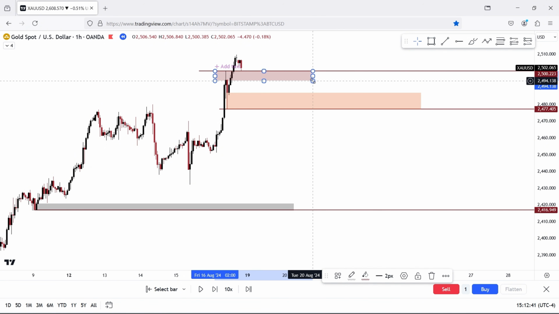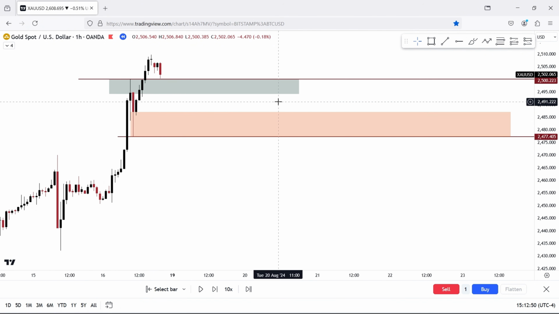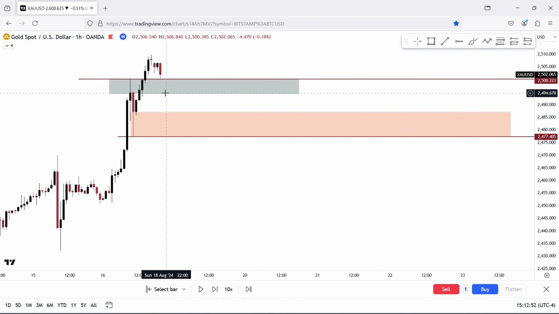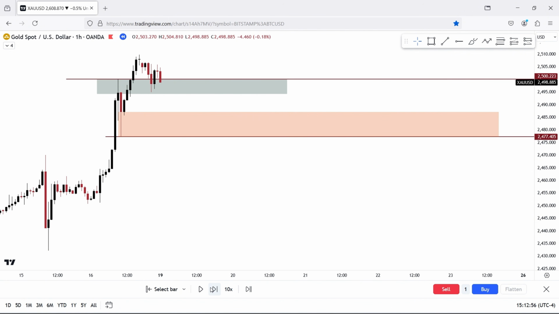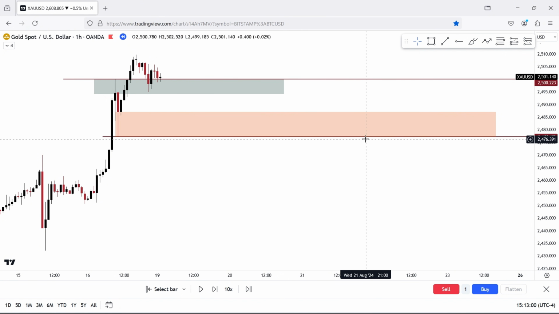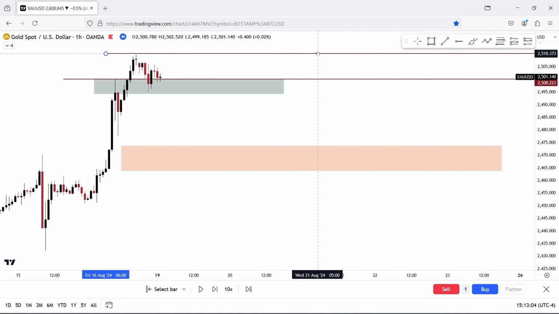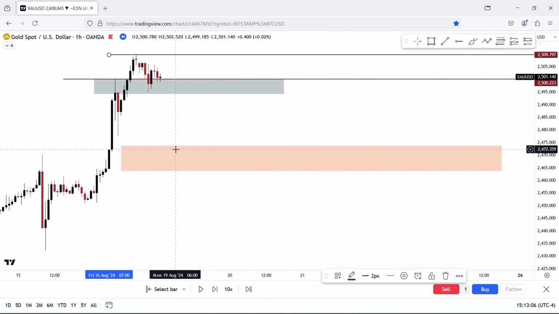Price took out external, so now price is looking for internal. You could say that price is heading down to this level, which it kind of already did. Not really, but almost did, or price will head to the next level. Now, if price breaks another high, you can say price is targeting this level right here, your external liquidity.